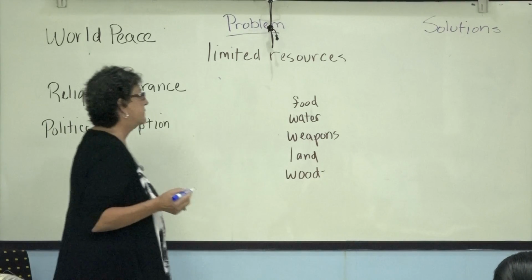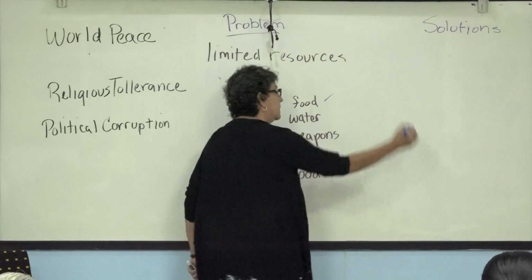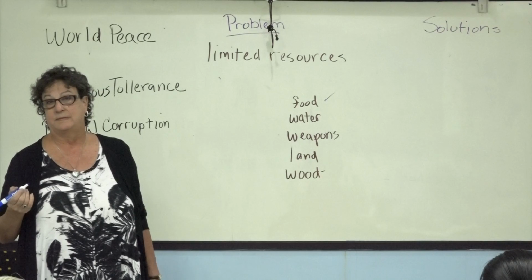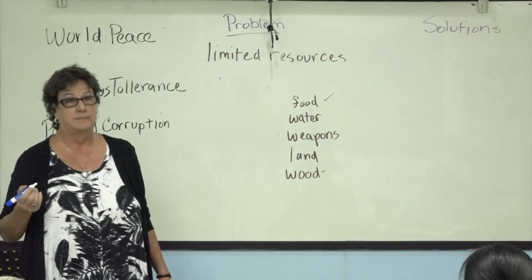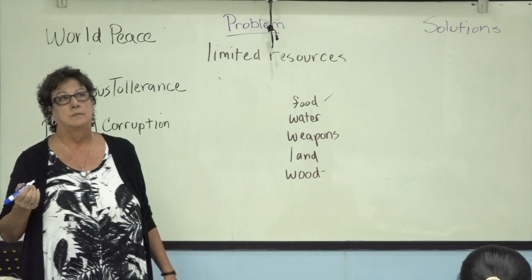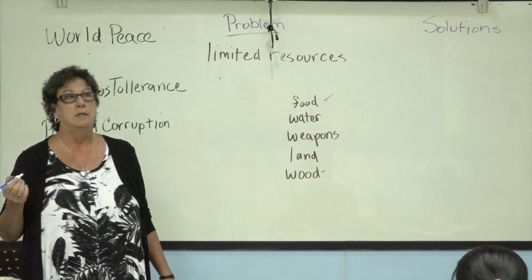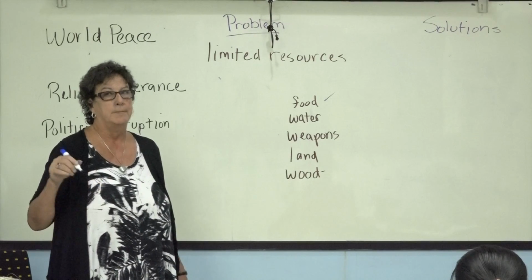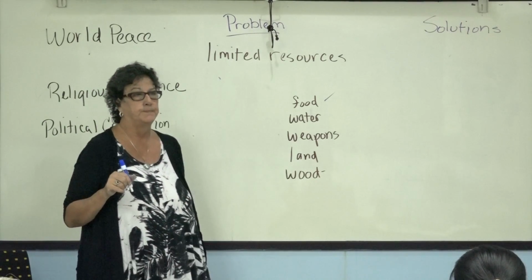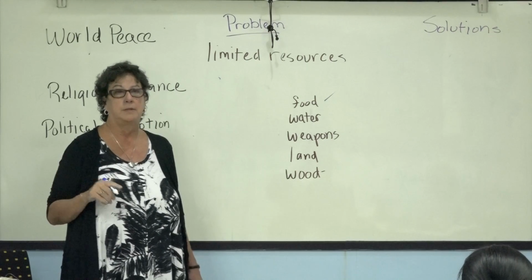So the problem is you've got a limited resource, and that's food. In some places, in other places, you've got more than enough. Sometimes not enough food for all of the people. There are people, I'm sure in this country, in my country, and all over the world that go to bed hungry every night. So how do we solve the problem?